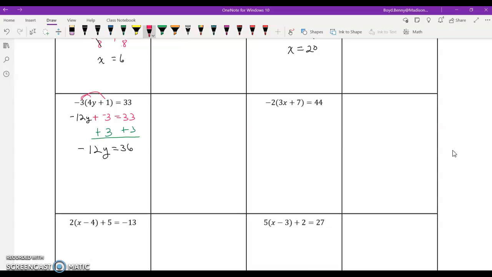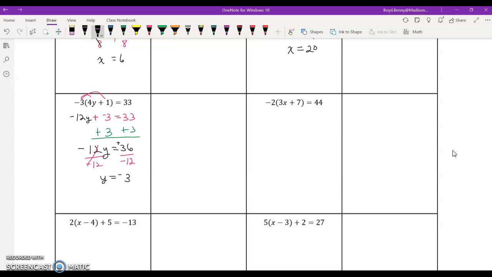The remaining step is to undo the multiplication again, so we're going to divide by negative 12 on both sides. When we do that, we end up with y equals 36 divided by 12 is 3. A positive divided by a negative is a negative. So y equals negative 3 is our solution.